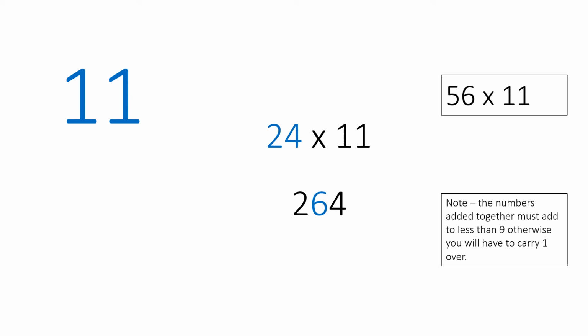So it's much bigger than 9, right? Whereas with the 2 and the 4, that adds only to 6. So with this case, it's the same thing. The 5 will go to the front, 6 goes to the back. But then 5 and 6 is 11, so the 1 would go in the middle and you carry the other one to the front. Therefore, the answer is 616.